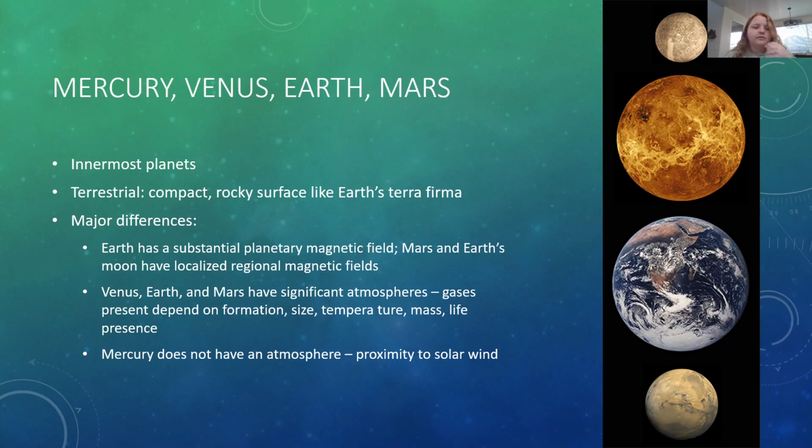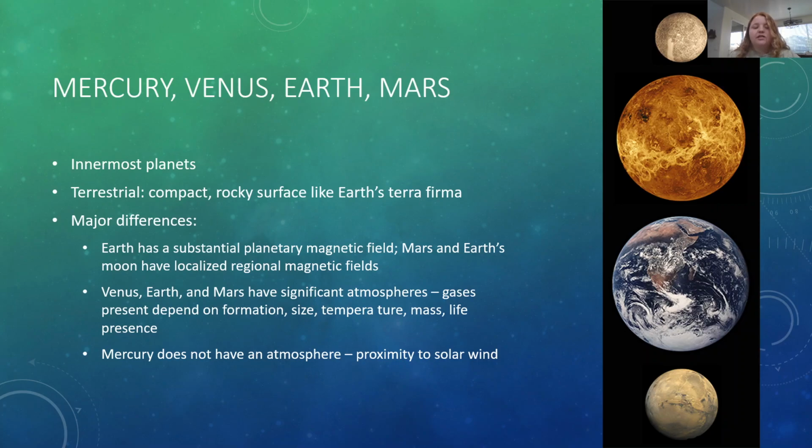these planets? Okay. So the first one is that Earth has a substantial planetary magnetic field. So it's a planet-wide magnetic field rather than a regional magnetic field, like Mars and Earth's moon have, but it protects us from the sun's rays. And we'll talk about that a little bit later.